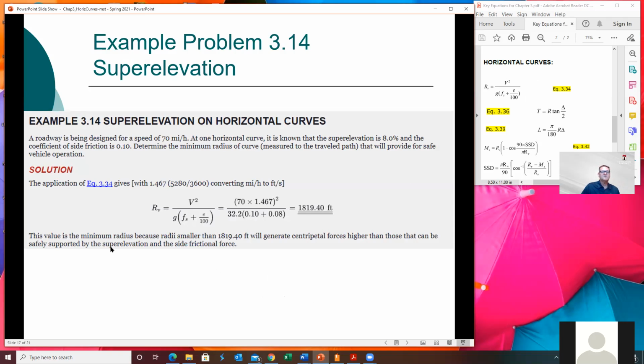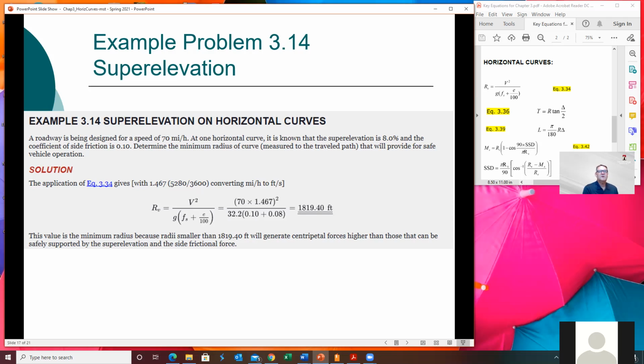The problem says a roadway is being designed for a speed of 70 miles an hour. At a particular horizontal curve, it's known that the super elevation is 8%. They already know the super elevation, and the coefficient of side friction is 0.10.